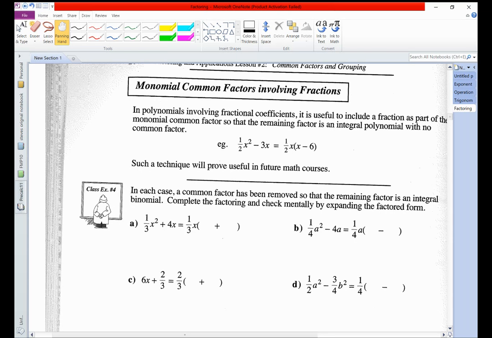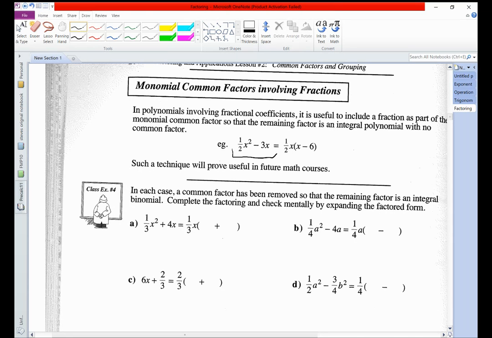So you can see here in the example that we have a binomial of 1/2 x squared minus 3x. And a lot of the time we don't want to have fractional coefficients because when it comes to factoring, they're a bit of a pain. So if we can factor a fraction out, then we're left with a polynomial without fractions, and that's easier to factor.